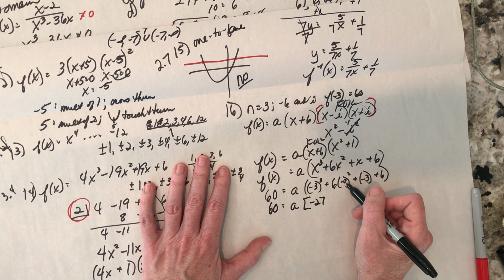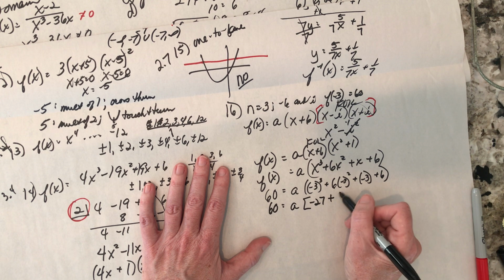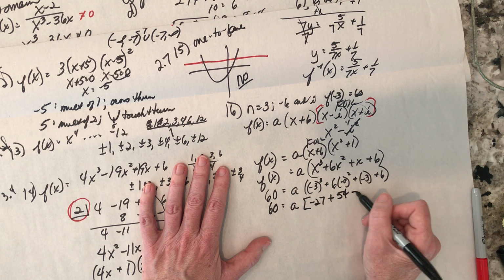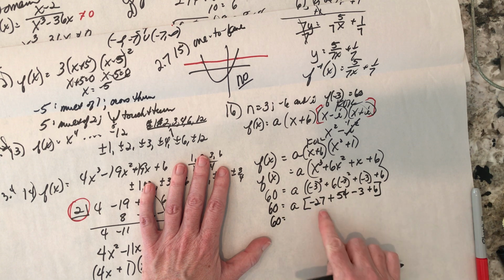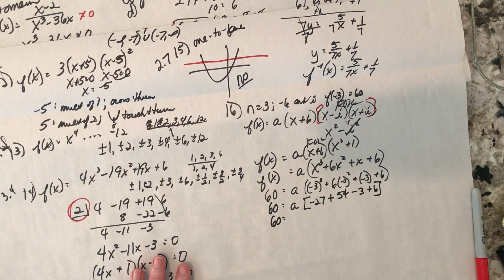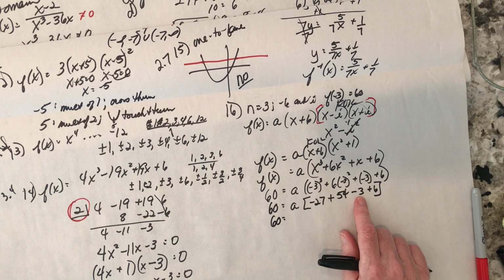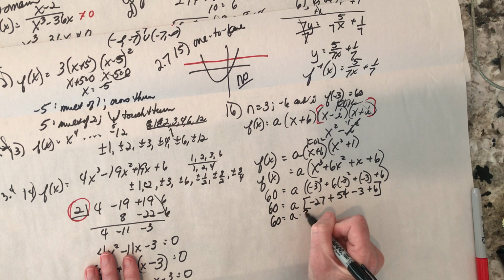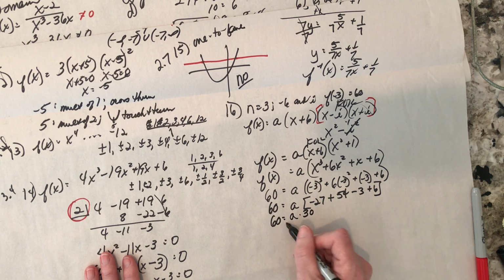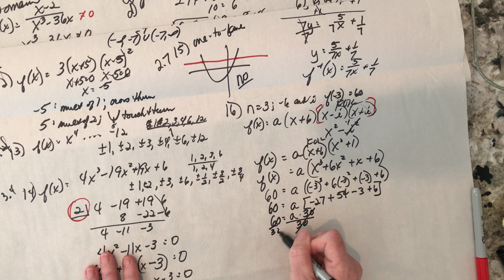Negative 3 squared is a positive 9. Times 6 is 54. So 60 equals negative 27 plus 54 is 27. 27 minus 3 is 24. 24 plus 6 gives us 30. We want to solve for a, so divide both sides by 30, and we get a equals 2.